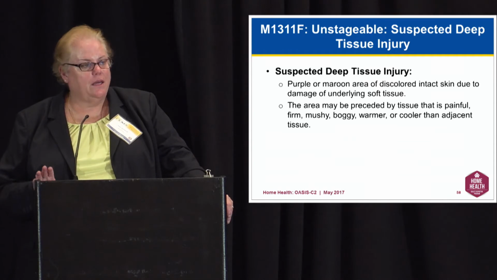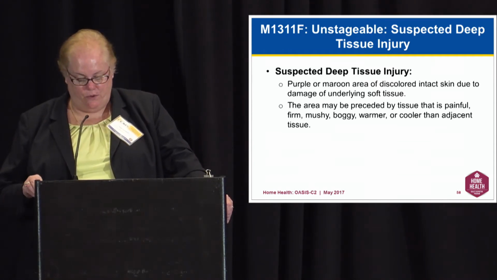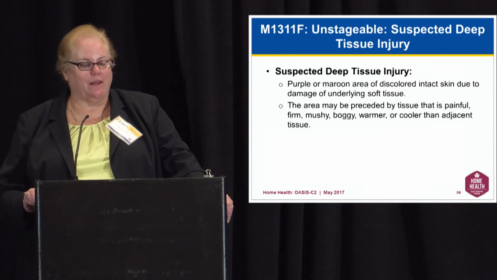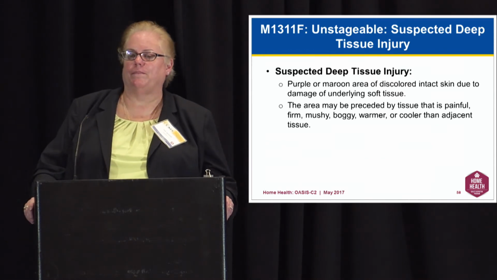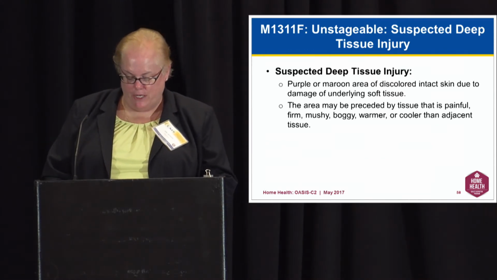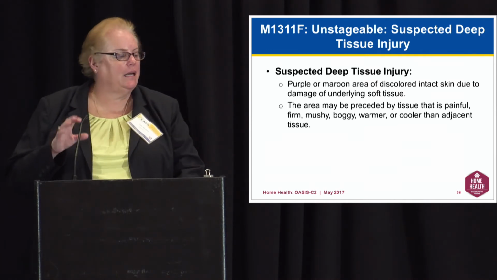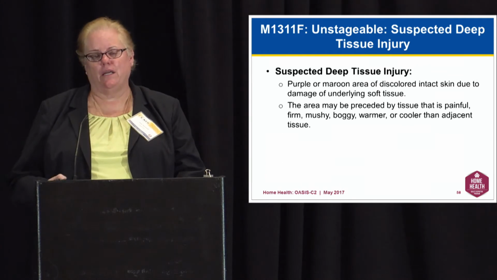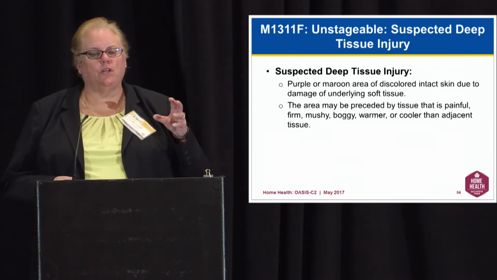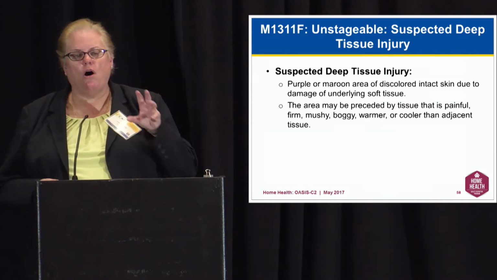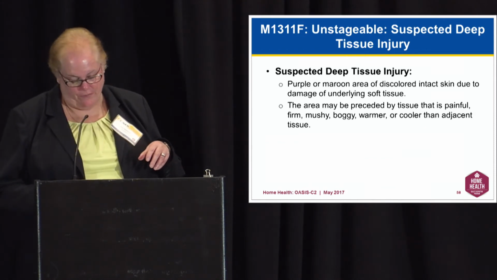And then with people who have darker skin tones, who have a lot of melanin, a suspected deep tissue injury can be much more difficult to identify. So what you want to make sure is that you have good light and that you're clearly looking at the skin. If someone has a very dark melanin skin tone, you want to look very closely at all those bony prominences, because you don't want to miss a suspected deep tissue injury.